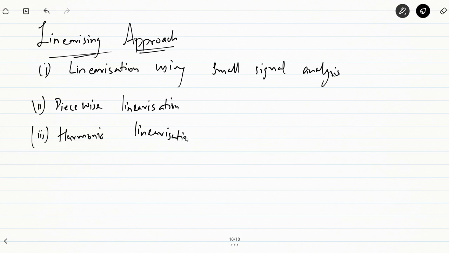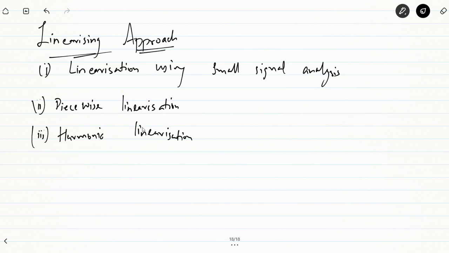So now to obtain a linear model from a nonlinear system, again we can make use of three different approaches, and using these approaches we can determine the linear model of that system. Now what are the systems that we can extend this approach to?